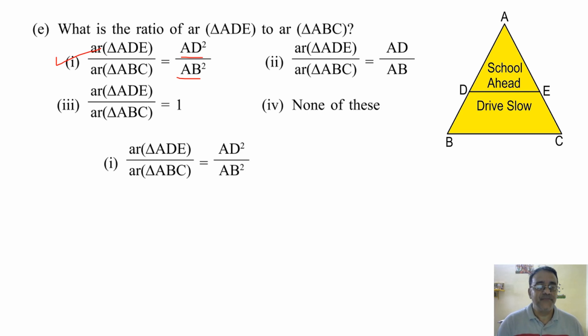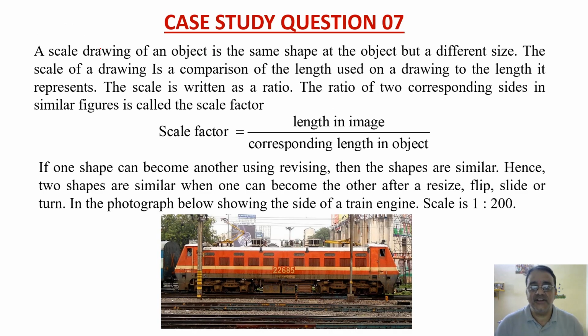Yes, sir. Okay. So now we are moving toward the next question, case study question number 7. This is also in the CBSE question bank, and I made this last year. A scale drawing of an object is the same shape as the object but a different size. The scale of a drawing is a comparison of a length used on a drawing to the length it represents. The scale is written as a ratio.